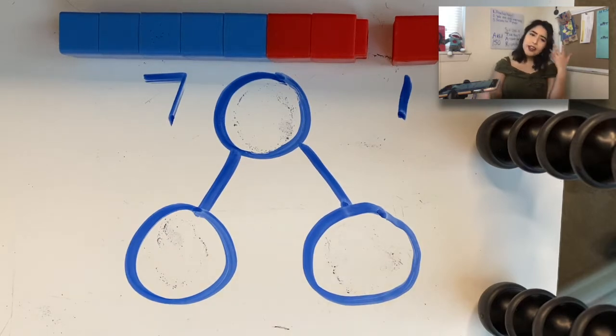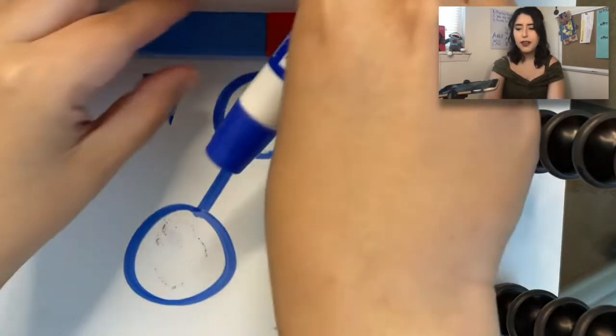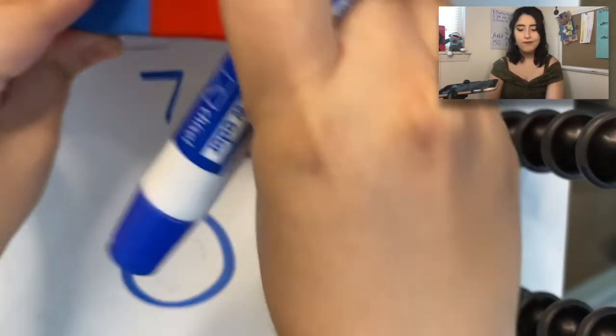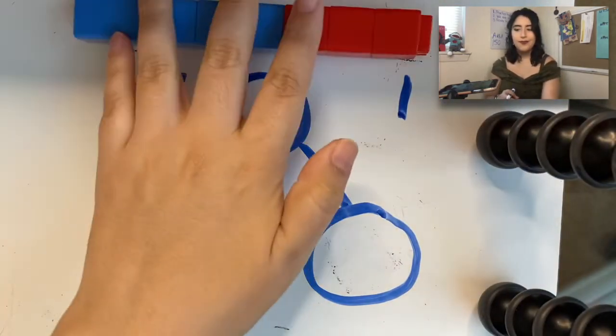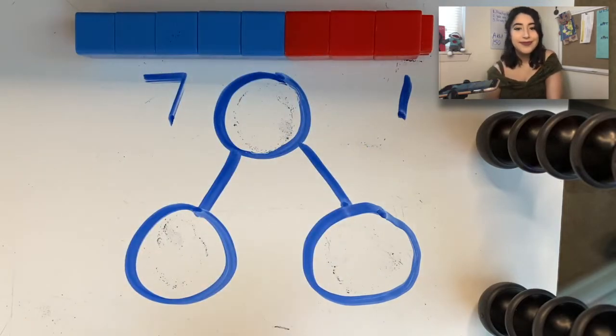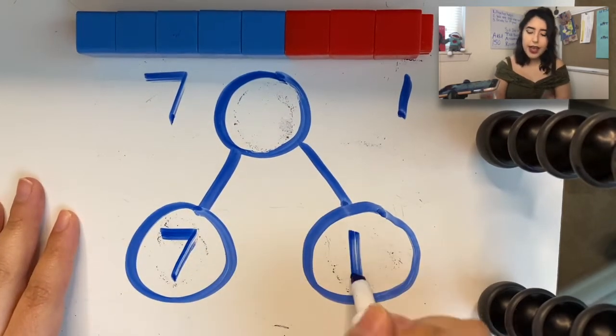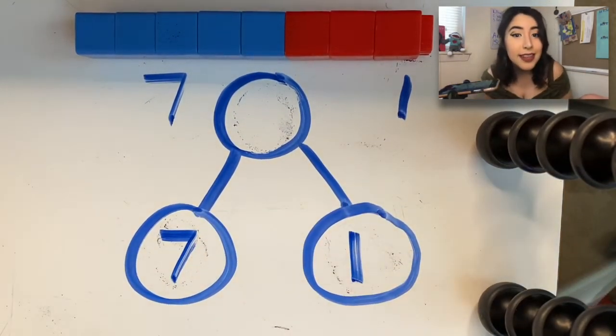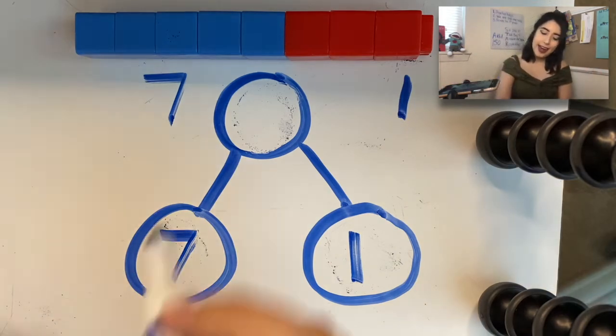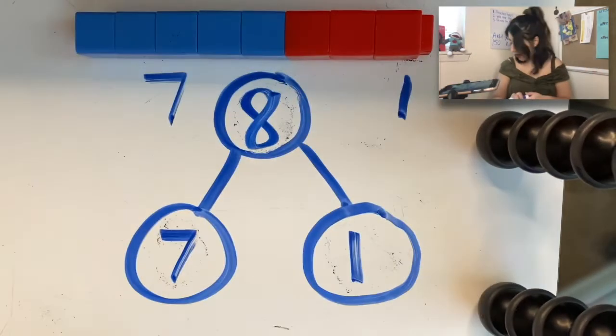So what number do 7 and 1 make when you put them together? 8. So our parts are 7 and 1, and our whole is 8. Our whole is 8.